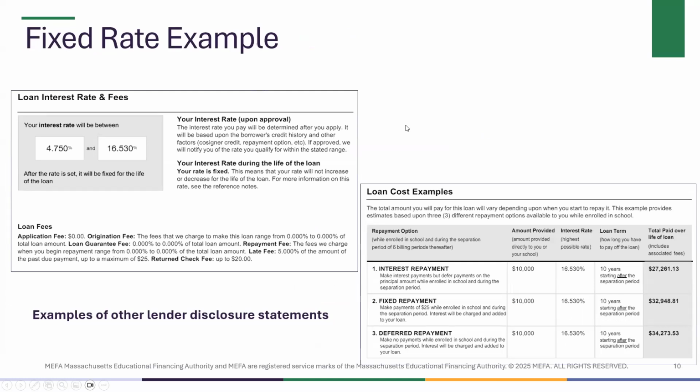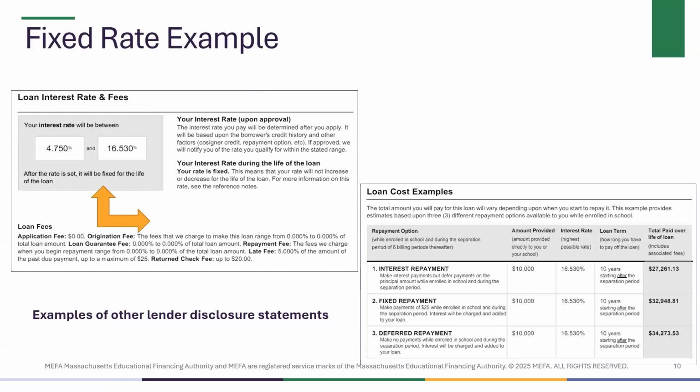So if we look at a few other things that you'll see on a fixed rate disclosure statement, you can see this lender, this is not MEFA, this is another lender. Their fixed rates will range from that teaser rate I mentioned at 4.75%, but can go up to 16.53%.